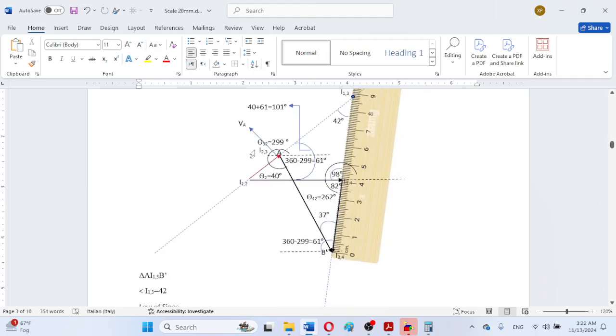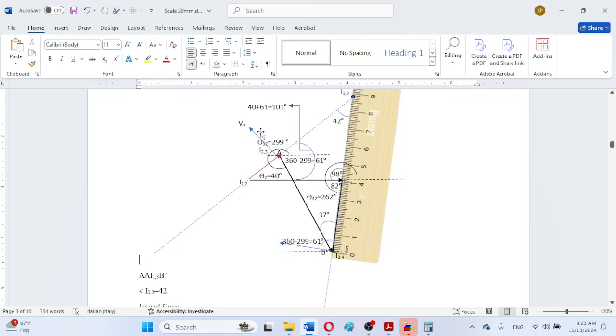So the velocity of point B will be at this location and exactly perpendicular to this line.